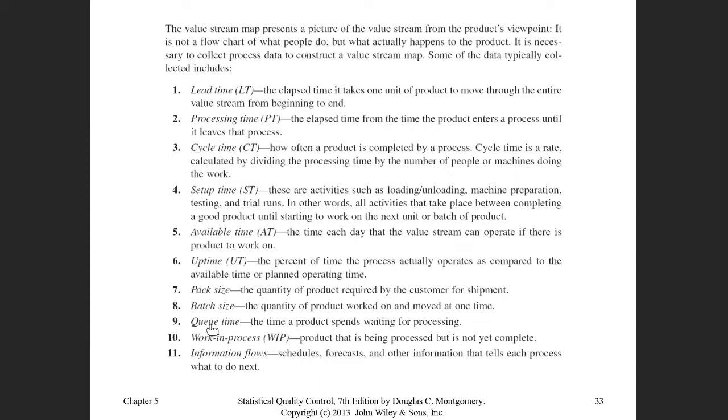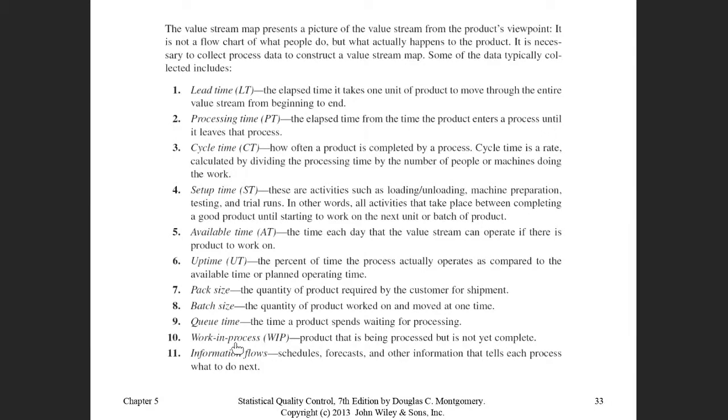The work in process is the product that is being processed but is not yet complete. So you calculate how long it is being processed but is still not completed for any reason. That will help you maybe to identify the causes that the products stayed in the system but are not completed.